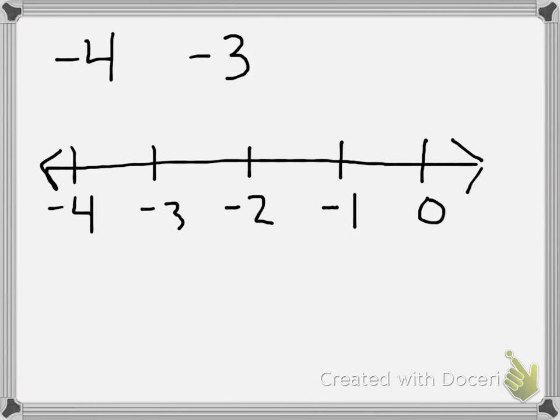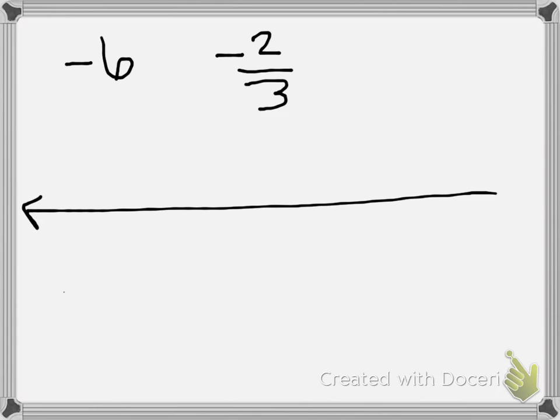Now with this one, -3 is closest to 0. Any negative number that is the closest to 0 is always greater. So -4 is less than -3 because -3 is closer to 0 than -4.